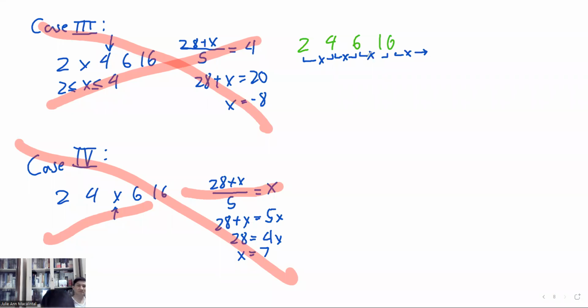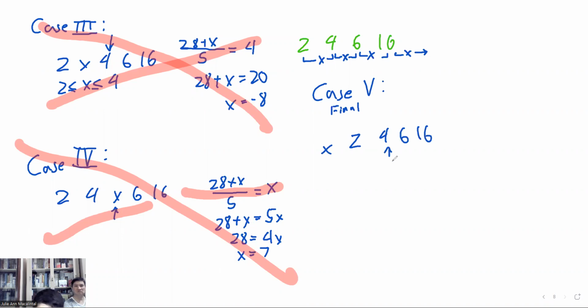I forgot to put the case. Case B, finally, is the final case. What happens when x is behind or equal to 2 completely?